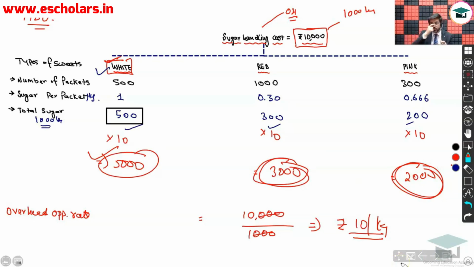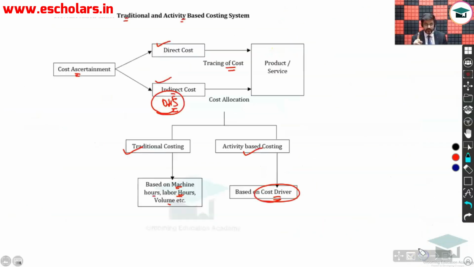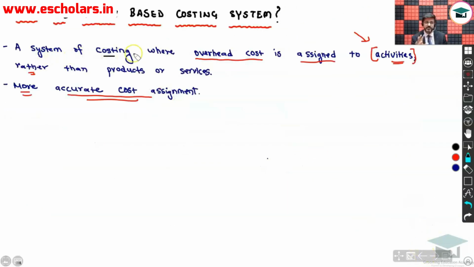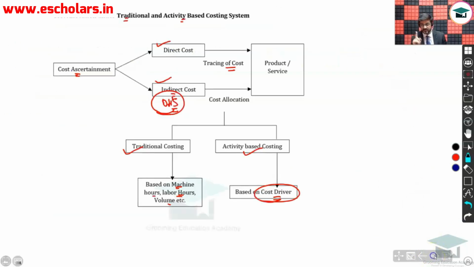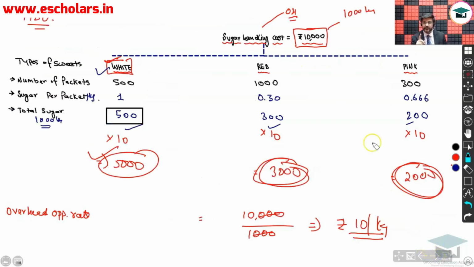What we do under activity based costing system is absorb the overhead on the basis of activity. See, read this line: a system of costing where overhead cost is assigned to activities. Listen very carefully. We have assigned this overhead cost on the basis of what?